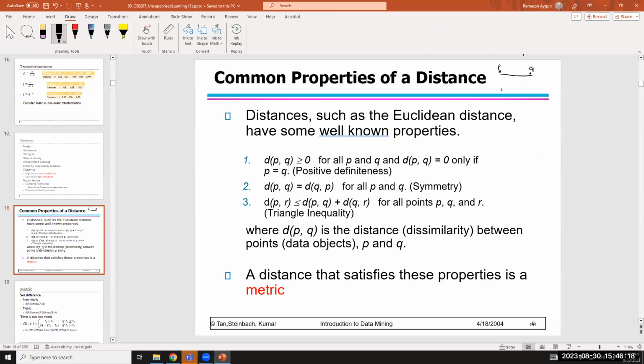And then I add another point called R. So if I draw this, the distance from P to Q, the direct distance, should be less than the summation of the distance from P to R and the distance from R to Q. So that should be smaller than the summation of those two distances. That's the triangle inequality. This is a very important property.